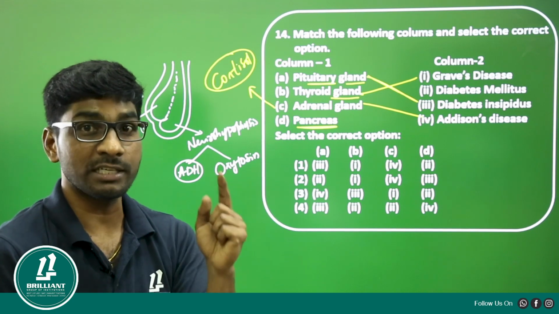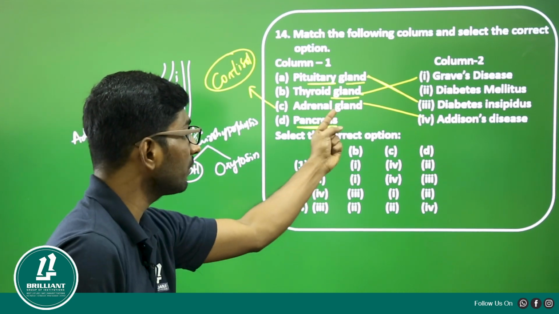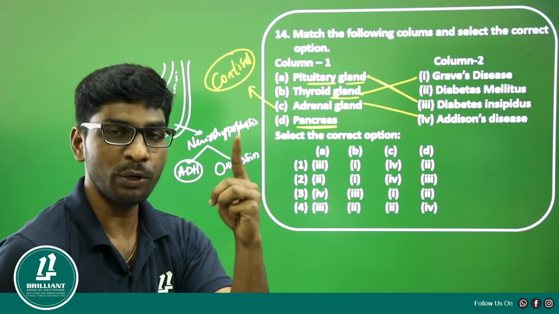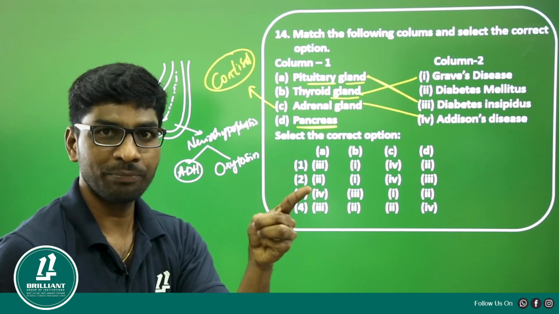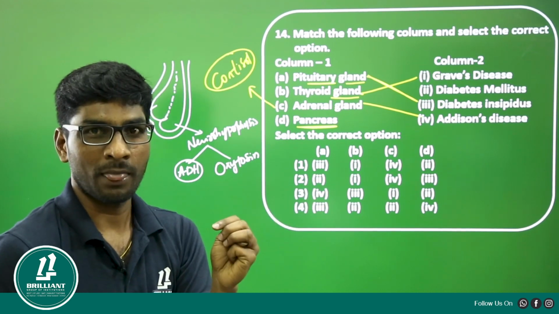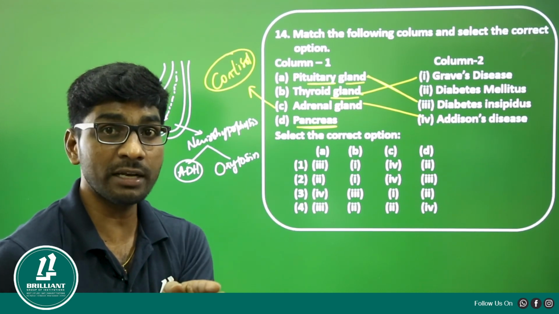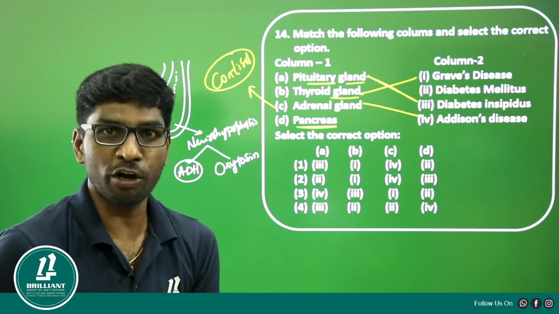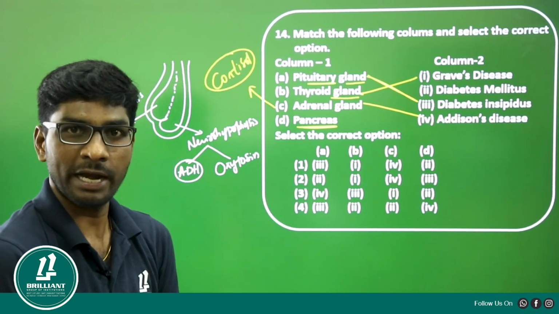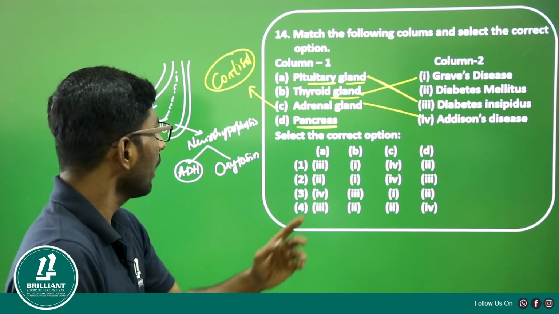And sex corticoids. From the cortex of the adrenal gland, three different hormones are released, right? One is called mineralocorticoid, one is called glucocorticoid, and one is called sex corticoid. And from the medulla portion of the adrenal gland, epinephrine and norepinephrine hormones are secreted. So this is Addison disease.